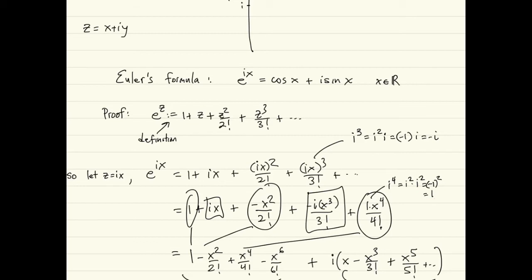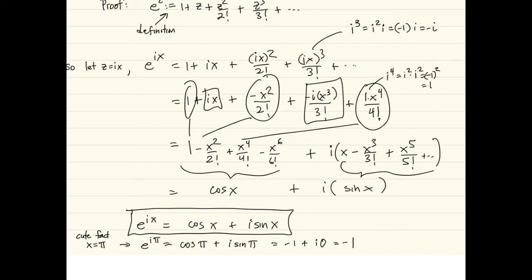So collecting the real and imaginary parts, I've collected the real parts here. Again, these are the parts that don't have an i appearing in them. And then these are the parts that were boxed that do have an i appearing in them. This is the imaginary part. We see that the real part is, again, just the first 4 terms, and it goes on forever.